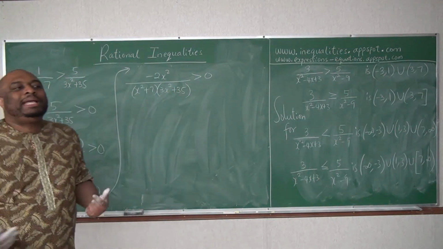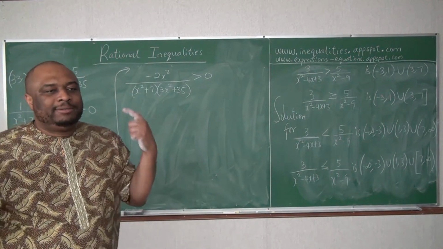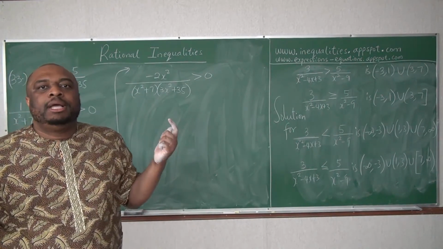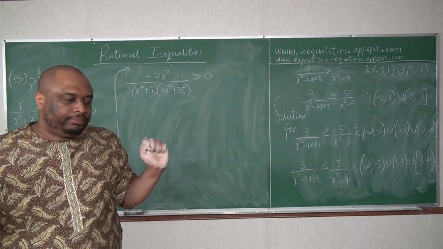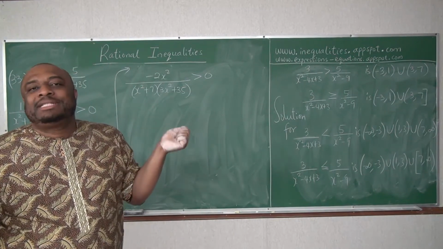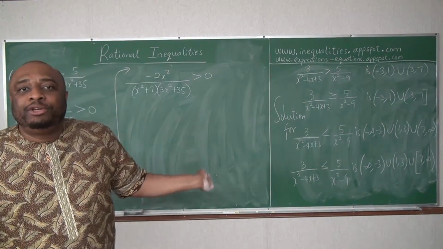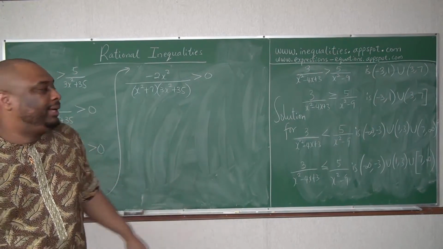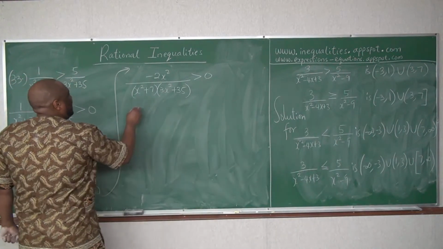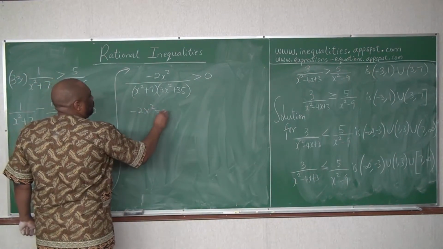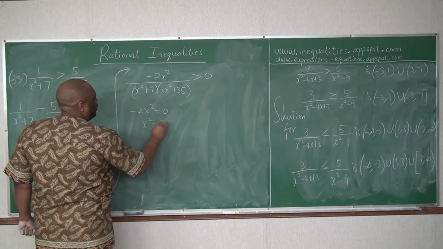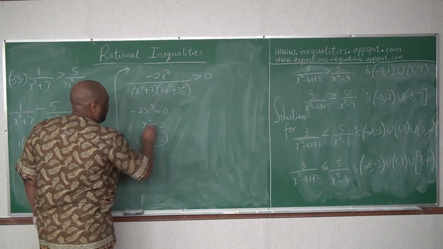Okay, so we notice that we can't find the test points for the denominator. That's okay. Let us now find the test points for the numerator and still solve it. So we say minus 2x squared is 0, so x squared is 0, so x is 0.